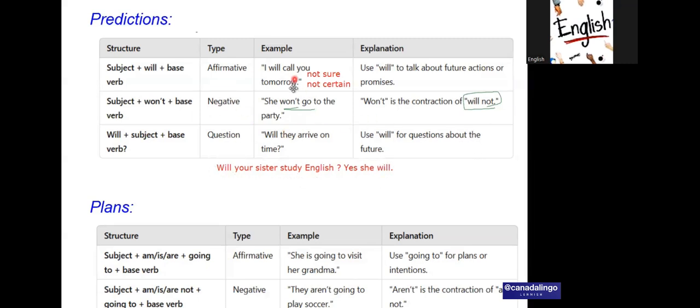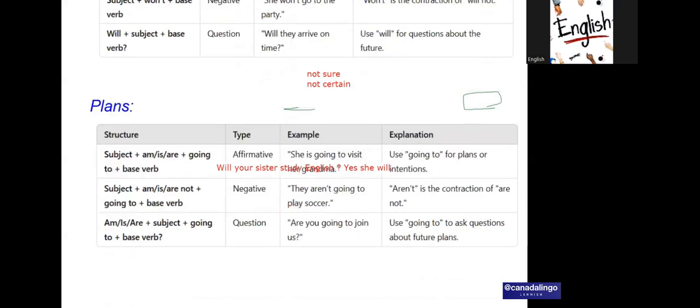So this is a simple way, right? You just add will. You ask question, will they? And for simple future sentences, like for prediction or for something that you are not sure or you are not certain. But if you have plans for future, you use is going to.